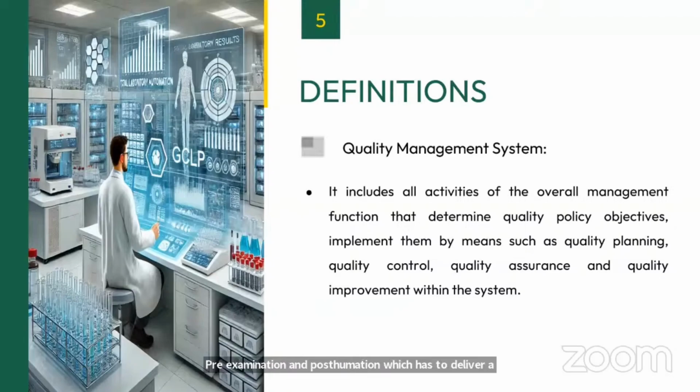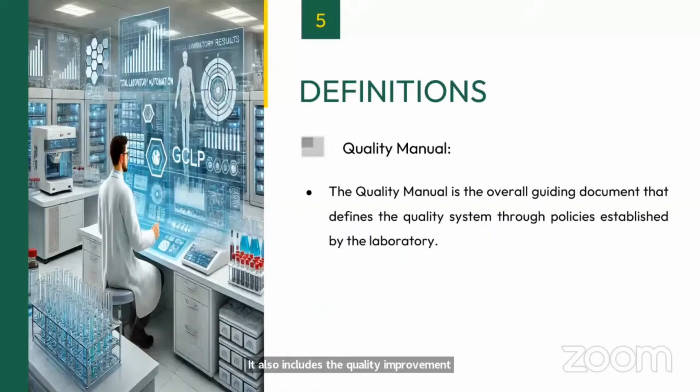Whereas now quality management system goes one step beyond, and it also includes the other activities such as planning of the quality policy, quality objectives, implement them. Then it also includes quality planning, quality control, quality assurance, and quality improvement within the system. So it doesn't stop only at the monitoring process. It also includes the quality improvement within the system.